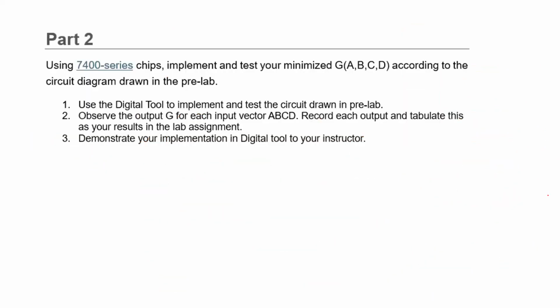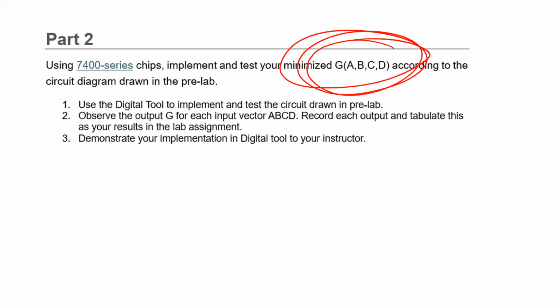In the second part, I'm asking you to implement this one. I told you to implement and test it using the chips you have. I'm a little bit flexible about this one because I understand minimizing it using algebra is not easy.